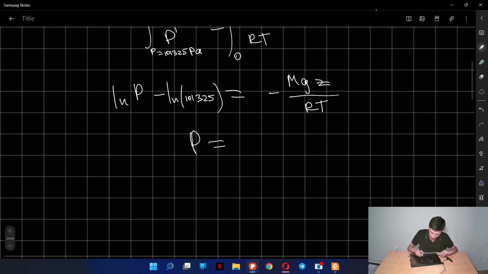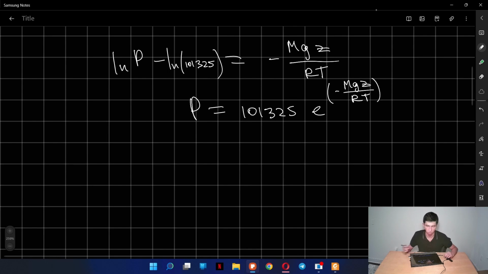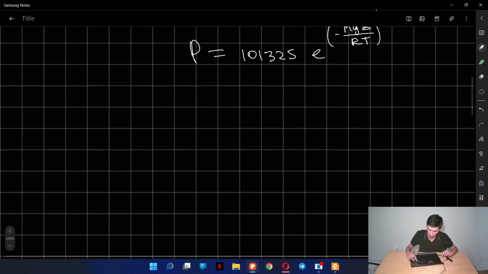And our function for P is going to be represented by this equation: e to the power of negative Mgz over RT, where e is the exponent. So now we know how the pressure relates with the height.